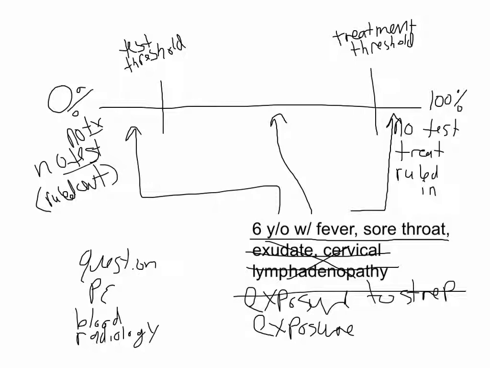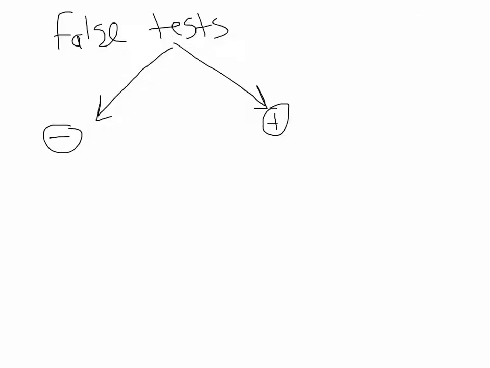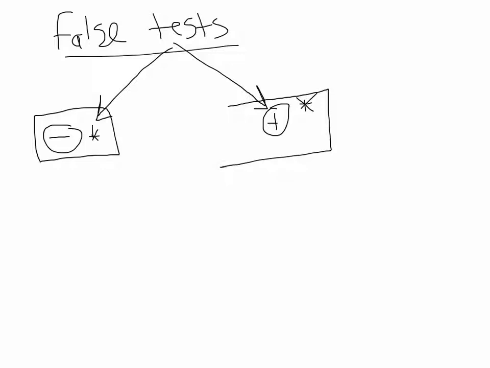In that further testing, we'll either rule in or rule out, hopefully, strep, and we know whether or not to treat. The problem with testing is that you can have false tests. Some of them can be false negatives, and some of them can be false positives. A false negative says that you don't have the disease when you really do, and a false positive says you do have a disease when you really don't.